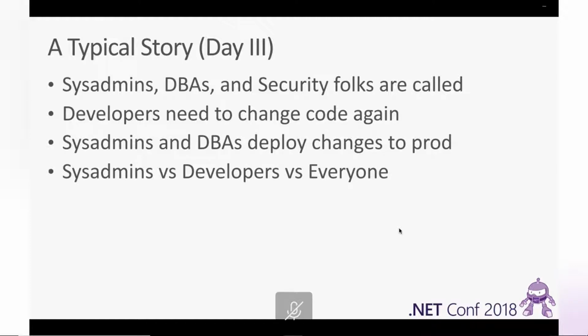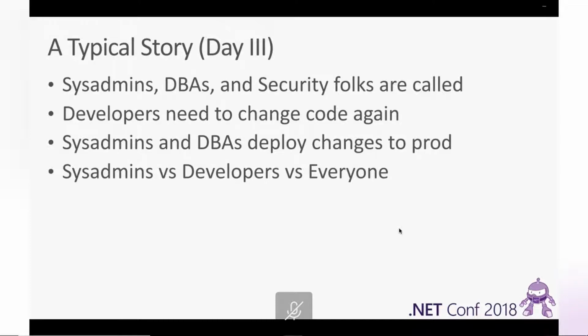So it's always good that they get involved. Developers then need to change code again. This is usually the normal way, especially if this is a big change. But if we're talking about small changes, this usually doesn't take too much time. But let's bear in mind that we're talking about big changes. Then sysadmins and DBAs deploy changes to production, and usually after that, the fight starts: sysadmins versus developers versus everyone.